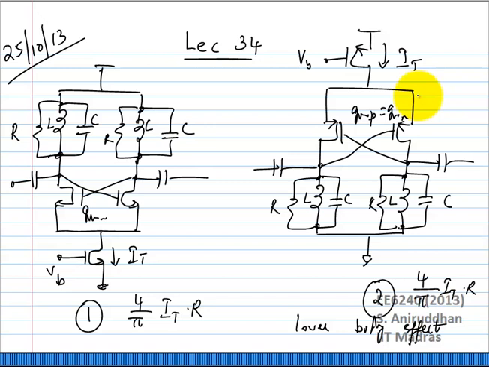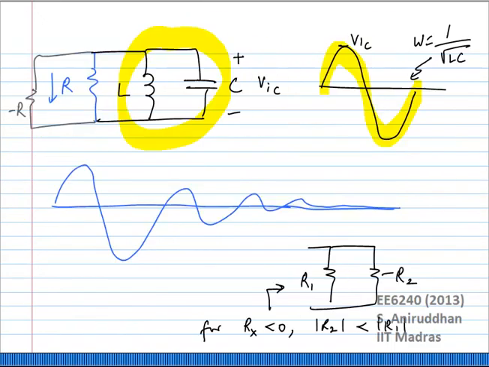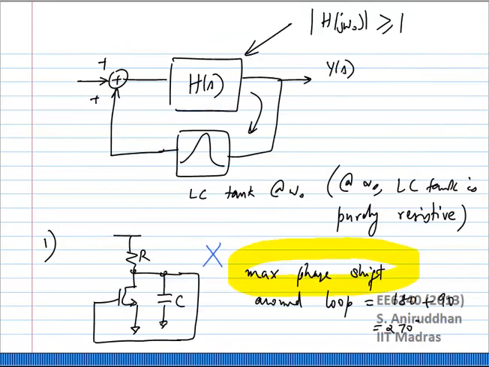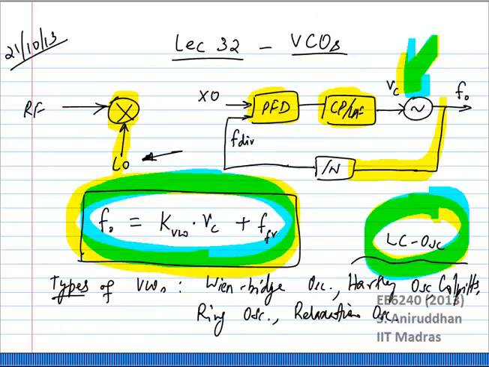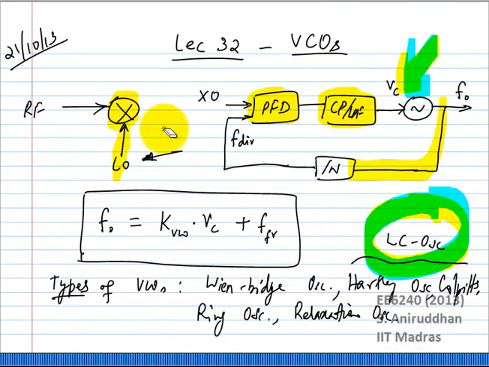Now he says that can be absorbed in this capacitance, right? You are right. However, there is one important characteristic of the oscillator that we have not talked about yet, which is the tuning range. If you remember, let us go back to the first lecture on oscillators. You remember this particular characteristic, right?